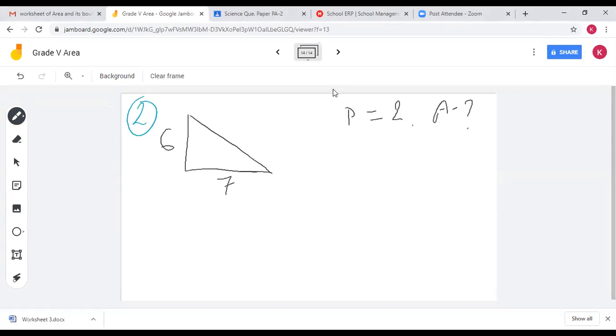Come on, you solve this example in the classroom. Now, this is your classwork. You have to do it now. I'm not going to solve this one for you.